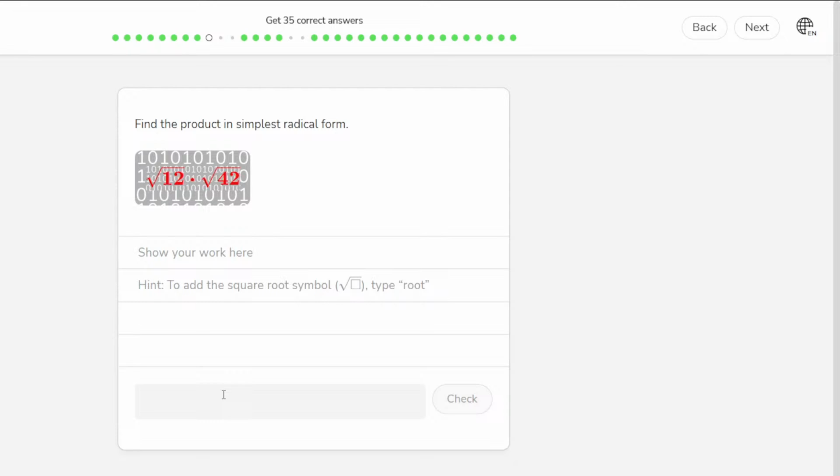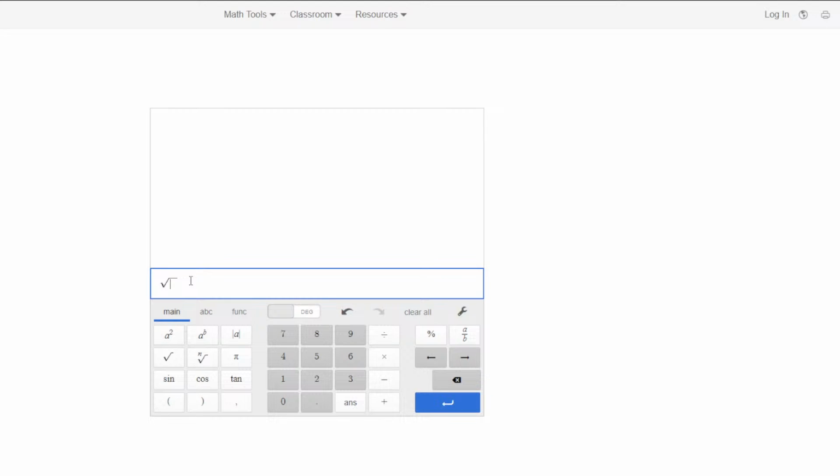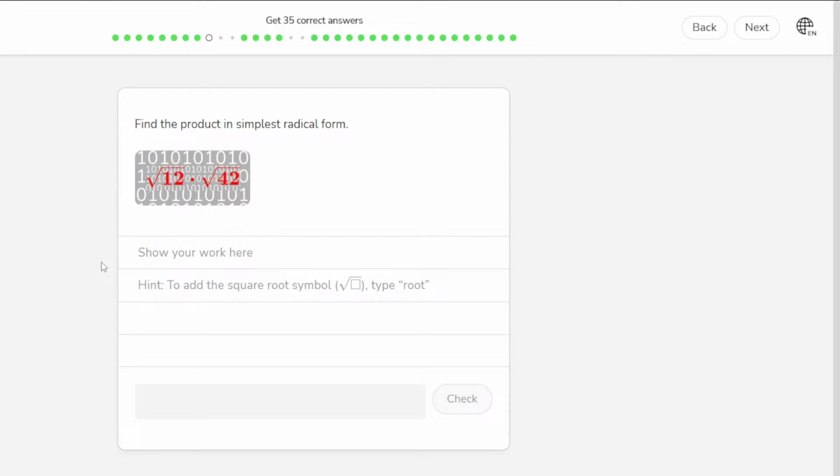So that means it's the square root of... No. Square root of 2 times 6 times the square root of 6 times 7, or square root of 2 times 6 times the square root of 2 times 3 times 7.